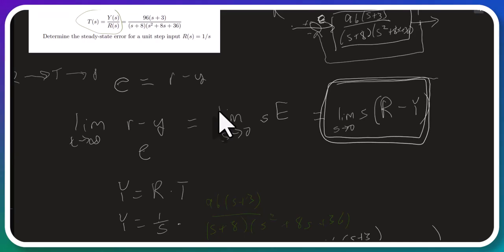So you would want to have the limit as s goes to 0 of s times the Laplace transform of r, and then minus y, and remembering that y is not the same as g. Alright, that's that.